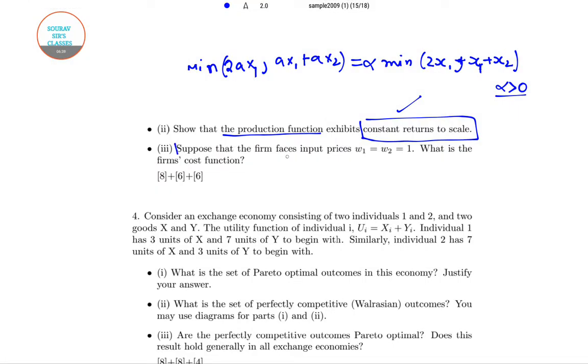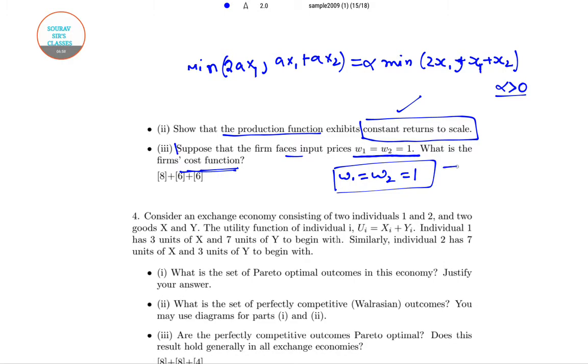Now if you go to the next part of this video, the last one is given as: suppose that the firm faces input prices W1 equals W2 equals 1. What is the firm's cost function? So we have to find the cost function.